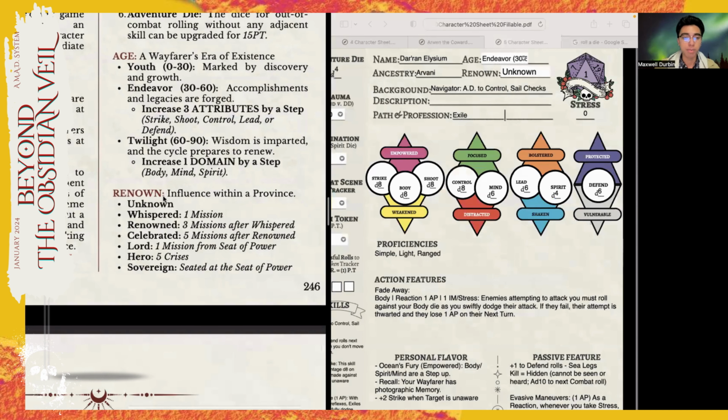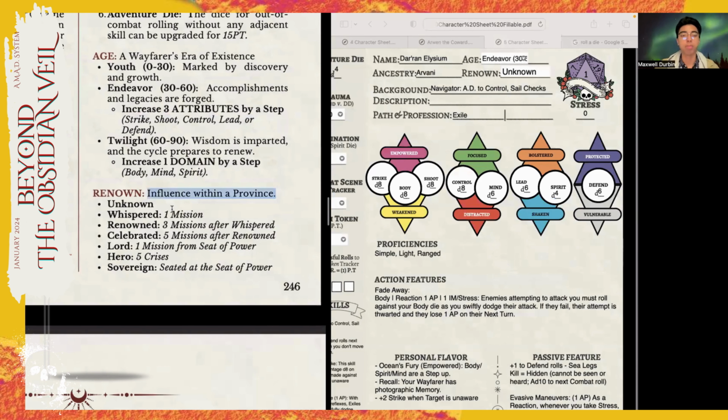And then Renown. This is our influence within a province. This is mostly related to, let's say that you want to become a ruler of a hold, basically have influence over a specific part of the province that you exist in. Unknown, everyone starts at unknown. There are Whispered, Renowned, Celebrated, Lord, Hero, and Sovereign.